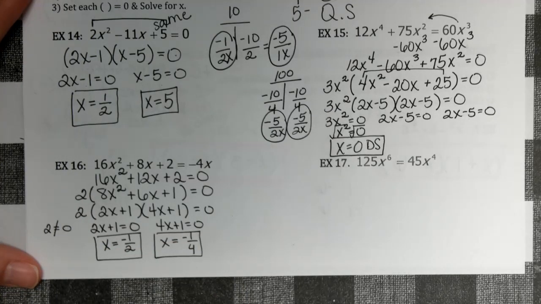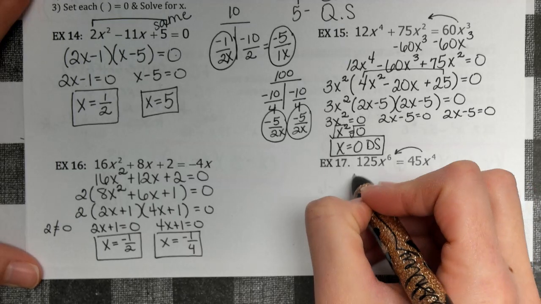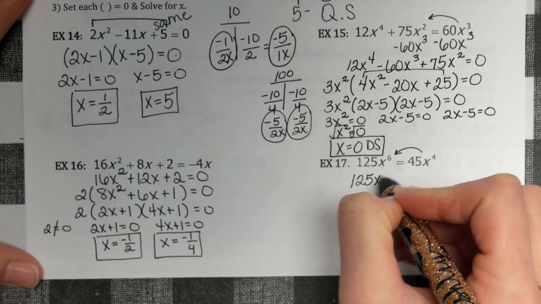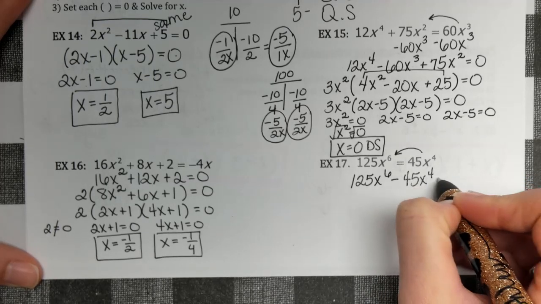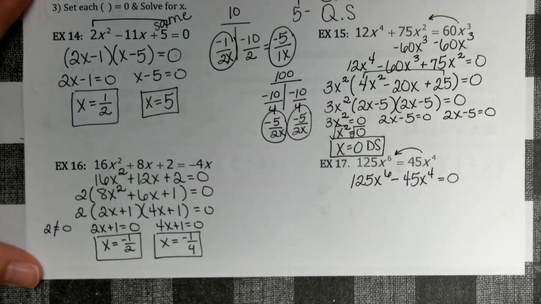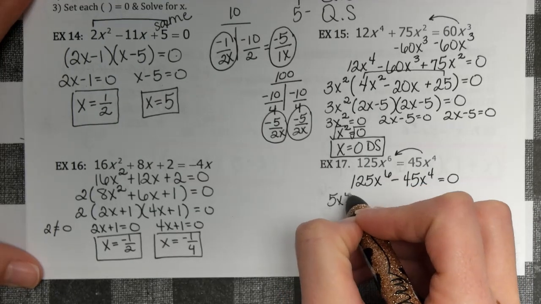Okay, what about 17? What do I need to do for that? Move it over to the left, so I get 125x to the 6th minus 45x to the 4th equals 0. And then what? GCF. What's my GCF? 5x to the 4th.